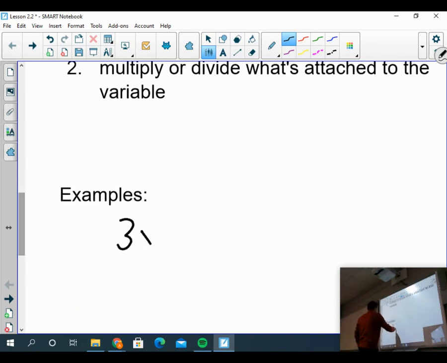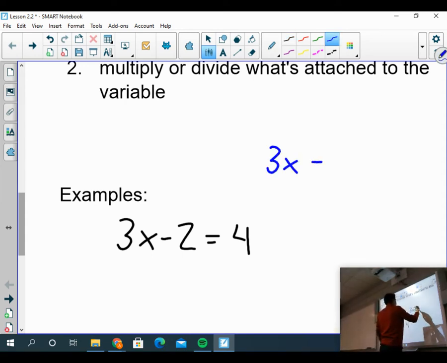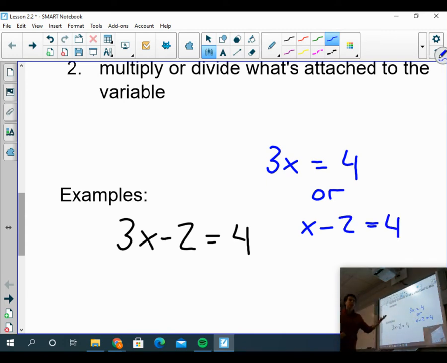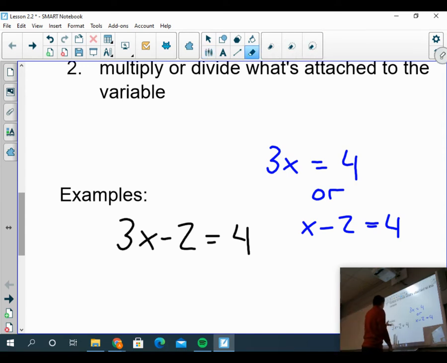If I have 3x minus 2 equals 4, you look at this and you go, okay, I know I need to get the x by itself, but what I've seen in the past is either 3x equals 4, and I went, okay, well, I'll divide by 3 because the 3 is being multiplied by the x, and that'll get x by itself. Or you've seen x minus 2 equals 4, and you said, hey, I'll add the 2, and that'll get rid of the minus 2, and again, I'll have x by itself. But never have you seen them together.